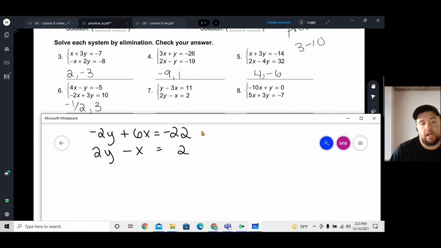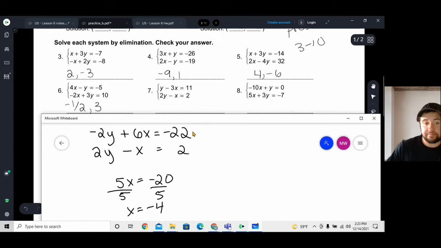All right, I'm going to combine these, so my y's will cancel, and I'll end up with 5x equals negative 20. Divide by 5, divide by 5, x equals negative 4. I'm going to take that, I'm going to plug it back in. So, y minus 3x was 11.